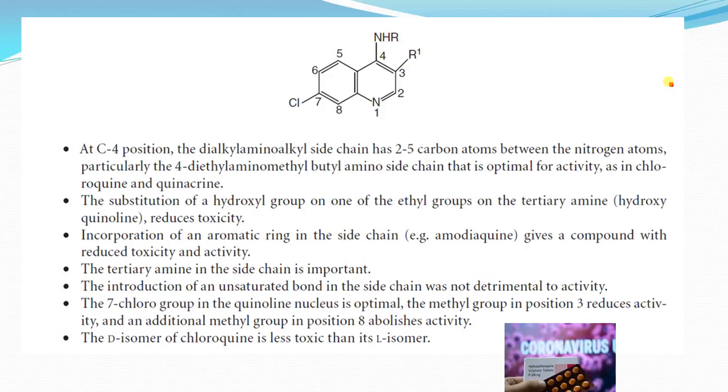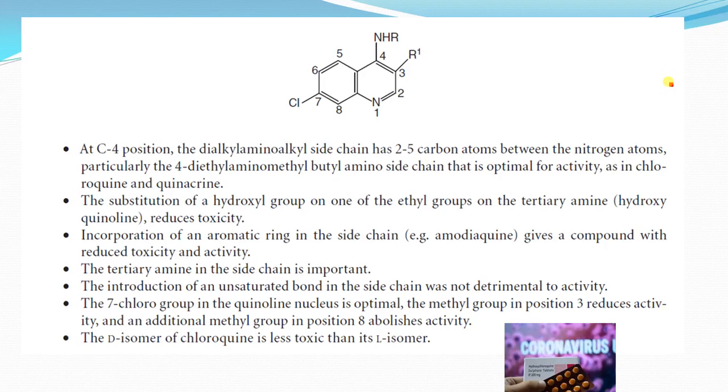The structure-activity relationship of these 4-aminoquinolines, that is chloroquine, hydroxychloroquine, amodiaquine and santaquine. The 7-chloro is essential for activity. The chlorine group at the 7 position is important for biological activity. The side chain at the 4th position, that is dialkylamino and alkylamino, is essential for activity.